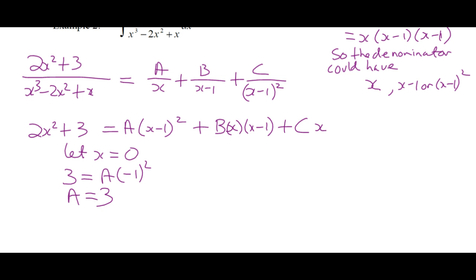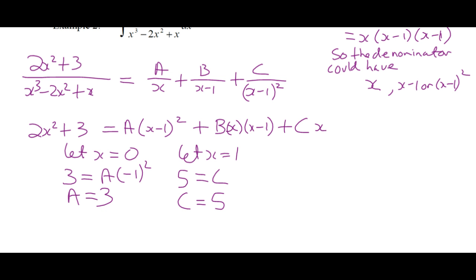If you let x be 0, C times 0, there's no C. If you let x be 0, B times 0 times negative 1, also 0. So all we've got left is 1A is equal to, in this case, 3. So A is equal to 3. Okay, what else? X equals 1, and then you only have Cx. So let x equal 1. If x is 1, what's the left side here? 5. So we got 5 is equal to, okay, A is gone, B is gone. So now we know C is 5.